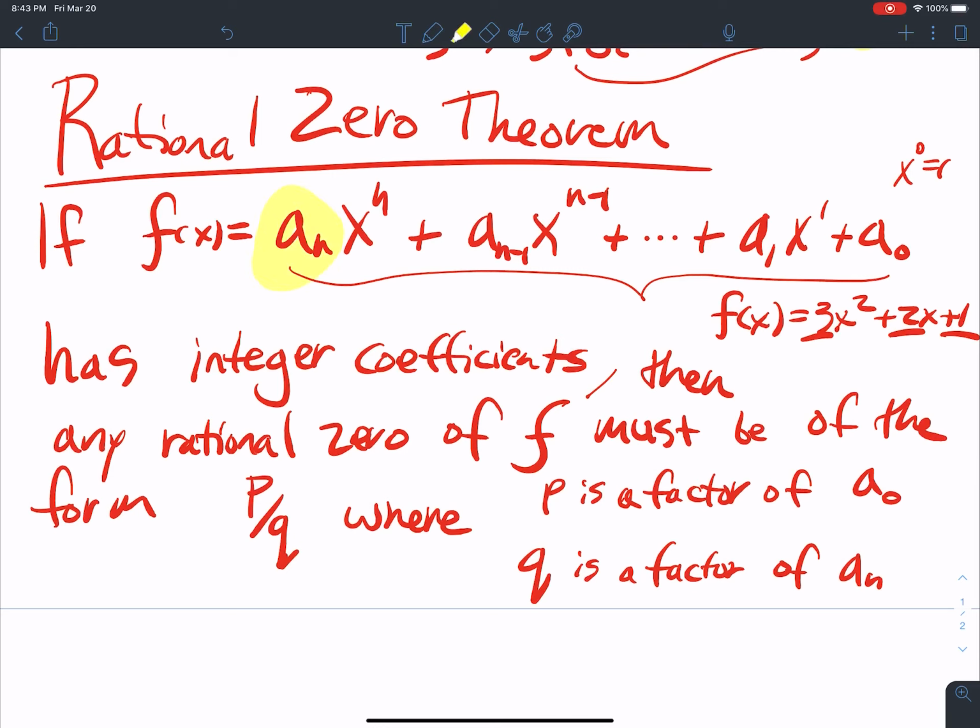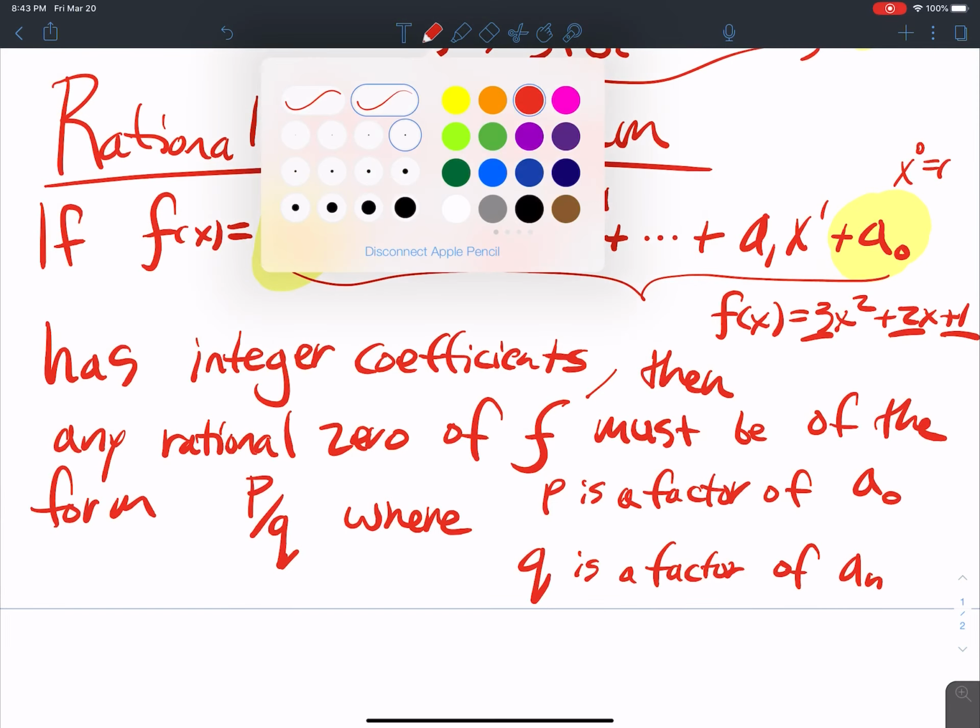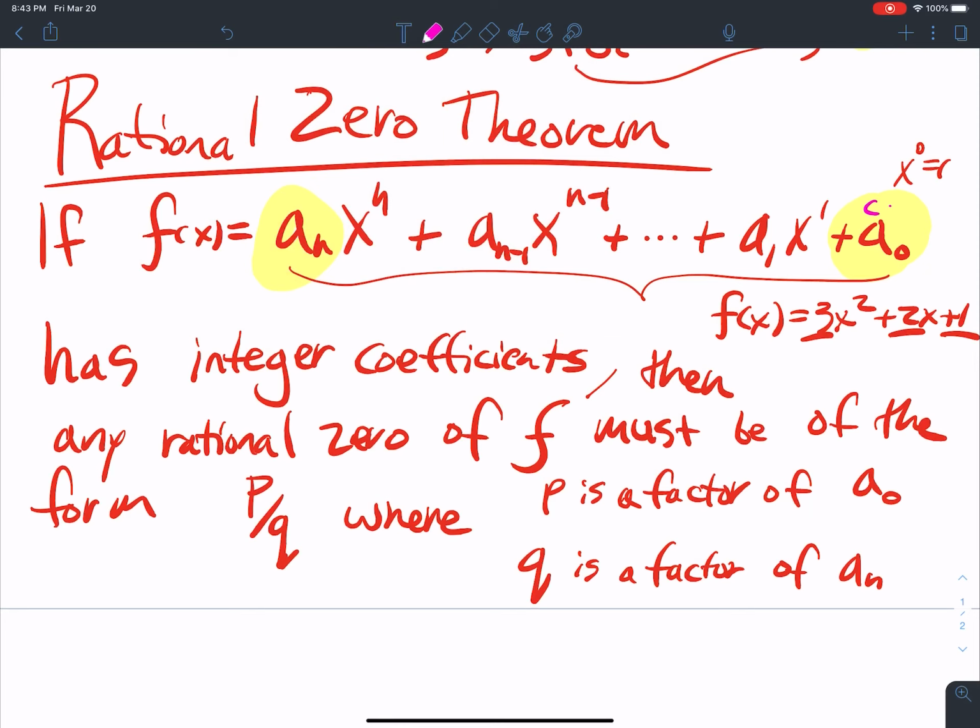So the leading coefficient and the constant term are the important numbers here. Factors of the constant divided by factors of the leading coefficient.